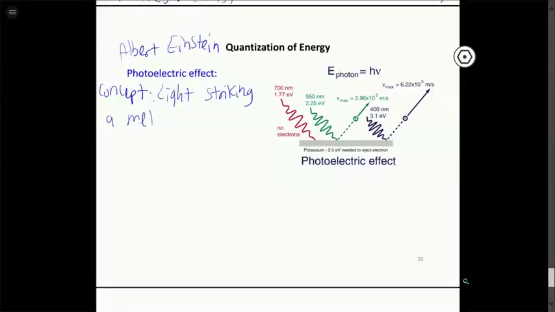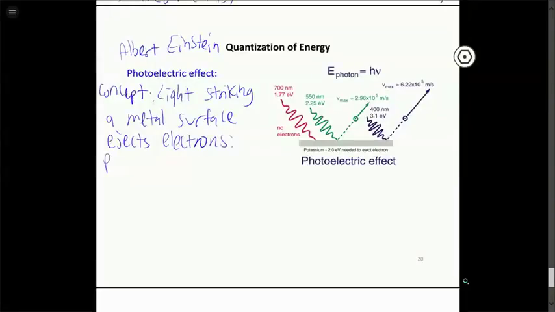So light striking a metal surface can eject electrons. But the part that was confusing people, the problem here, is that the light must have a certain threshold frequency.